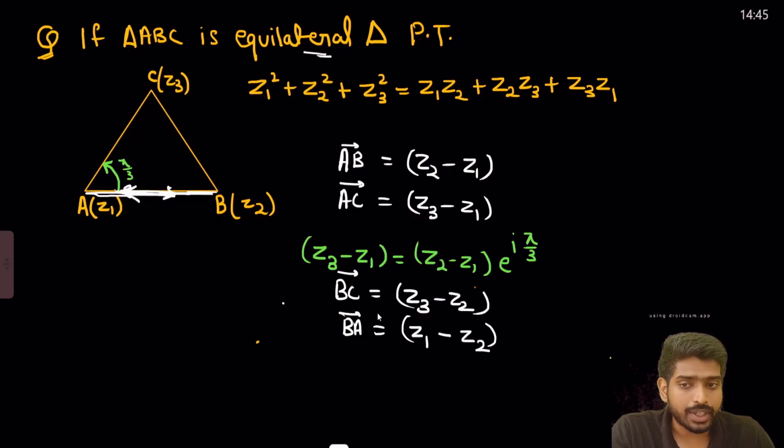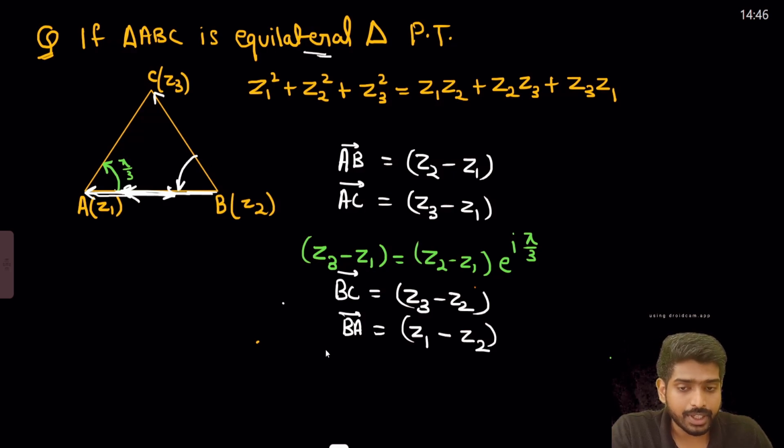Got it. Now we can write that from this BA vector we can get this BC vector by rotating it in clockwise direction. Or instead, from this BC vector I'll get BA vector by rotating it in anti-clockwise direction.